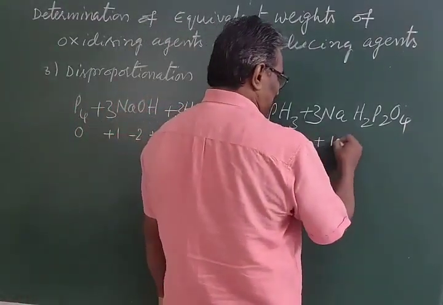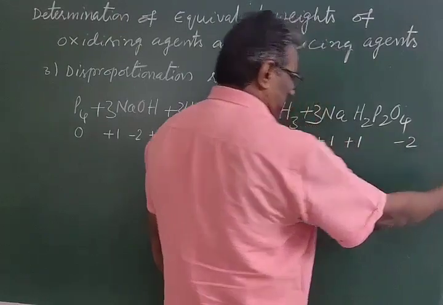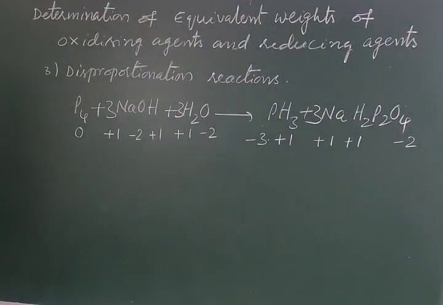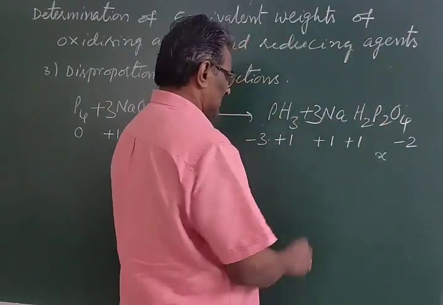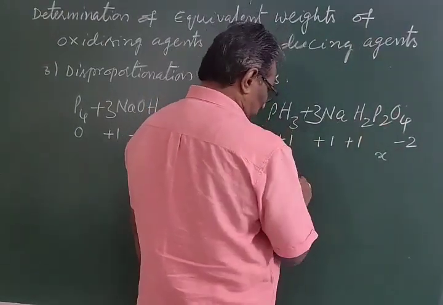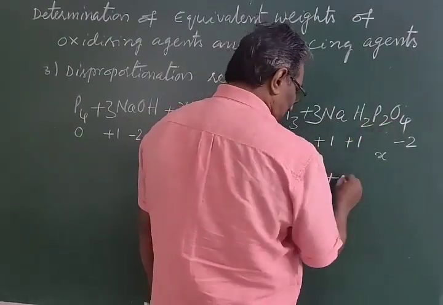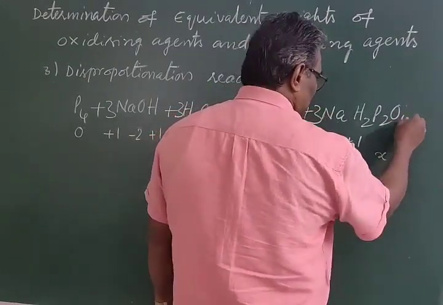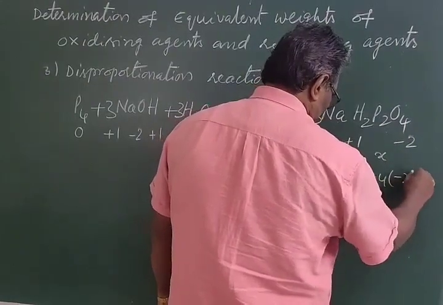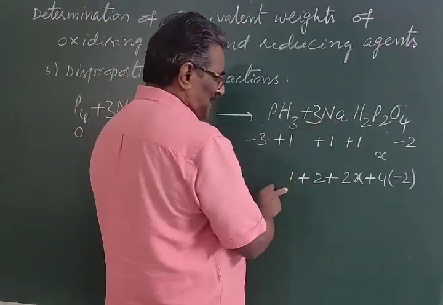Here, oxidation state of sodium is +1, oxidation state of hydrogen is +1, oxidation state of oxygen is -2. Now, what is the oxidation state of phosphorus? Let the oxidation state of phosphorus be X. Oxidation state of sodium is +1.